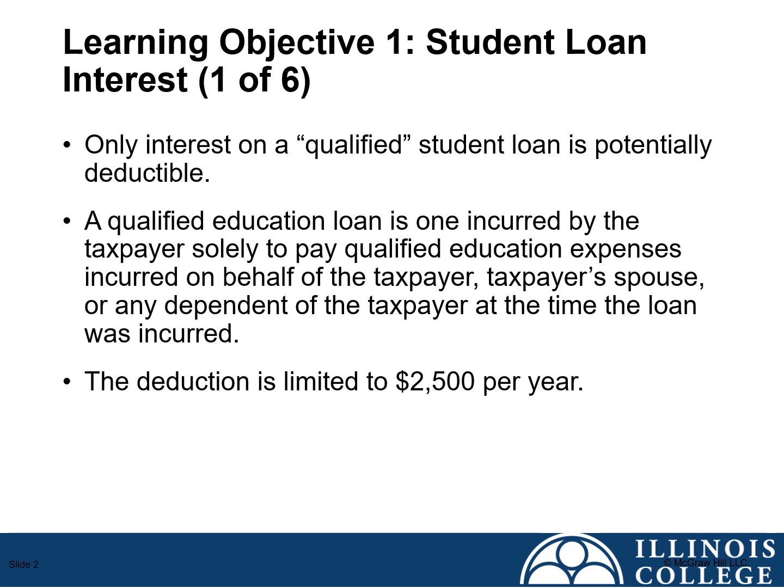The amount of the interest paid during the year is typically reported on Form 1098-E, which is issued by the lender. And that's usually the number the taxpayer uses when calculating this deduction. In terms of the maximum deduction allowed, it's $2,500 per year.